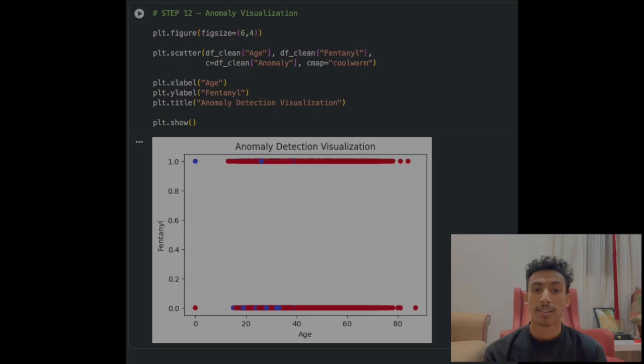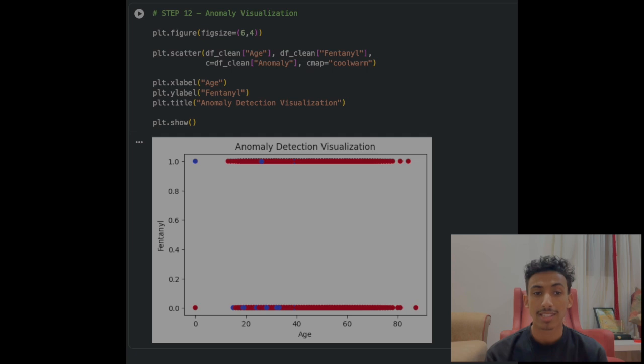Step 12, anomaly visualization. Finally, I visualize the anomaly detection results. In the graph, most of the data points follow a normal pattern and are grouped together. However, there are a few points that stand out, and these are the anomalies. These points are different from the rest and may represent rare or unusual situations.